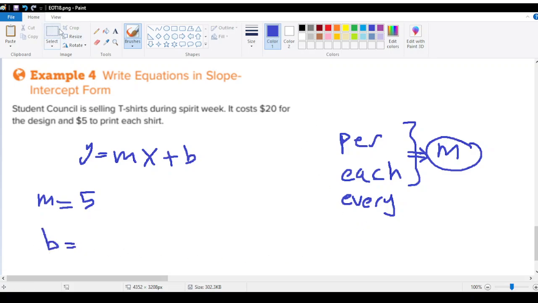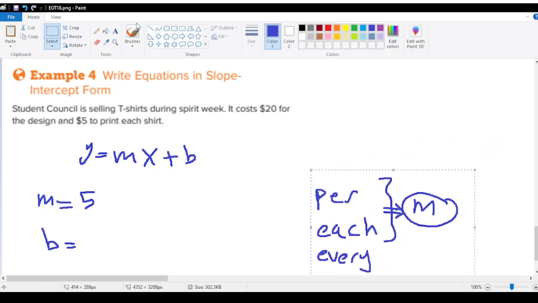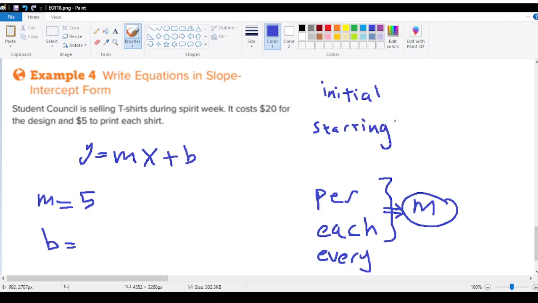The y-intercept is usually a starting or initial value. Do you know the meaning of initial? Initial means the starting value, the first value. So what is the initial value?